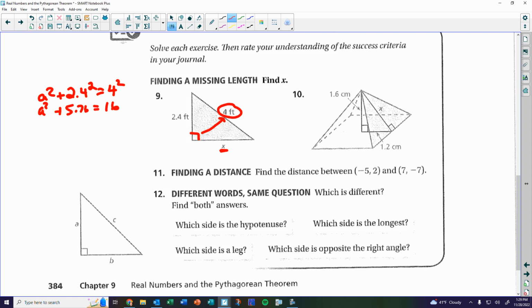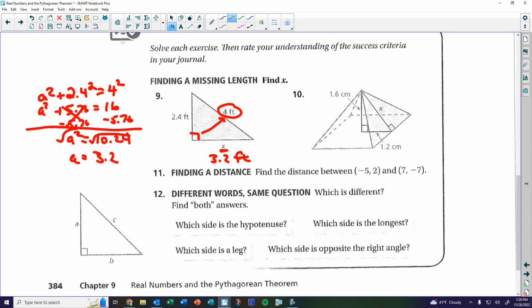So I got to subtract it over, right, to get a squared by itself. And when I take away 5.76 from 16, I get 10.24. So if I square root both sides, the square root of 10.24 is 3.2. So 3.2 feet was your answer for 9.